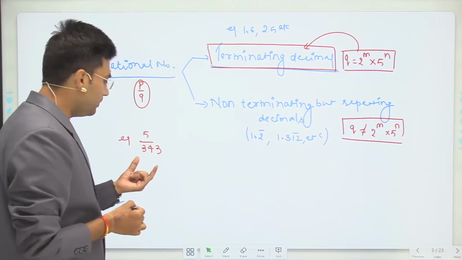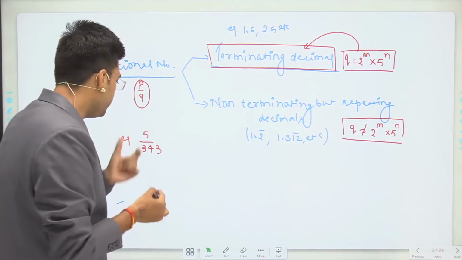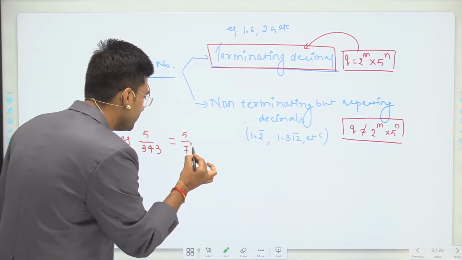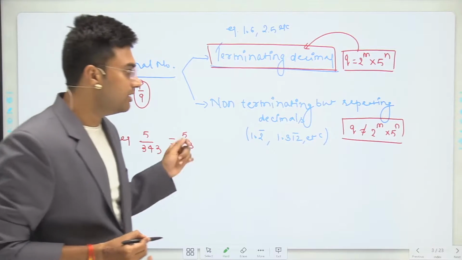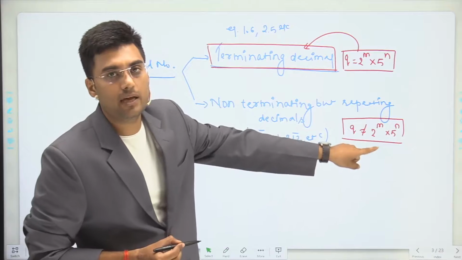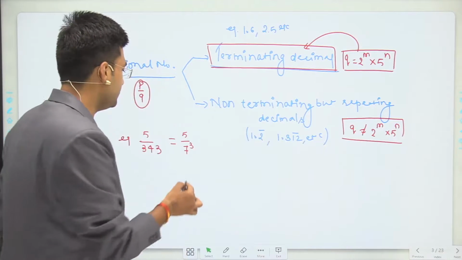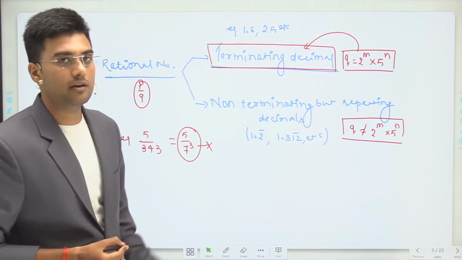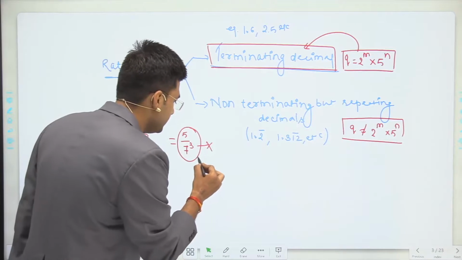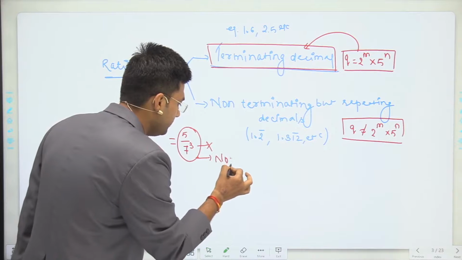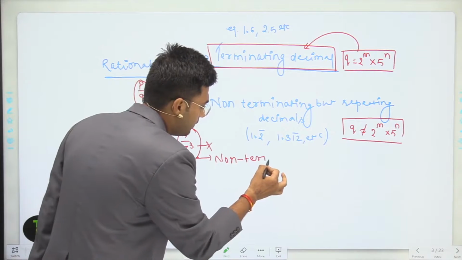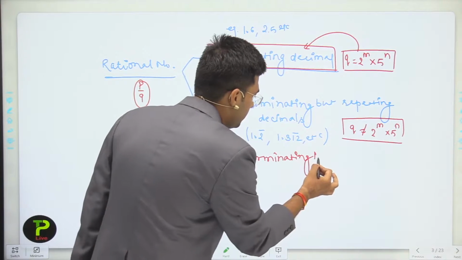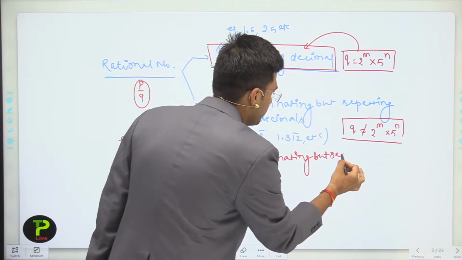Here the denominator is 343, and if you prime factorize 343, we will get 7 power 3, which is not in the form of 2 power m multiplied by 5 power n. So we can say that this is not terminating, or we can say that this is non-terminating but recurring.